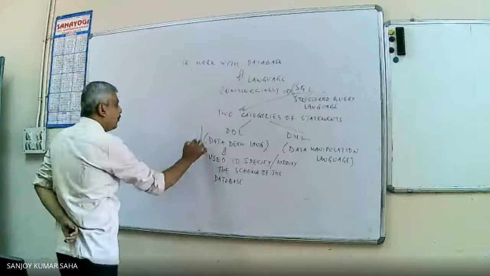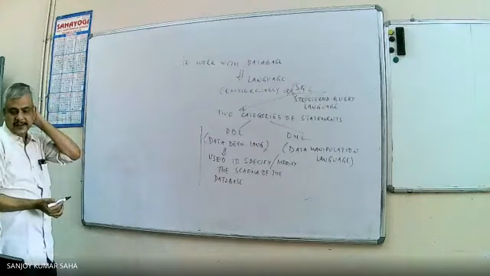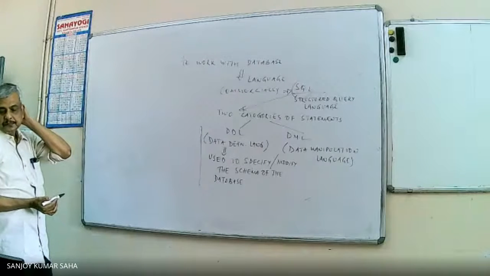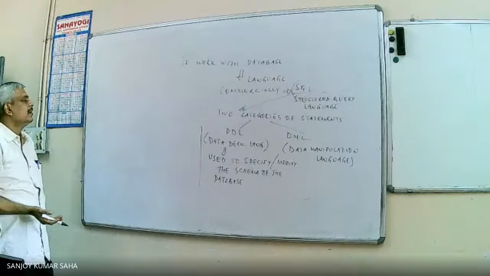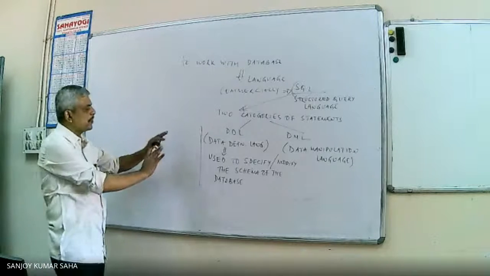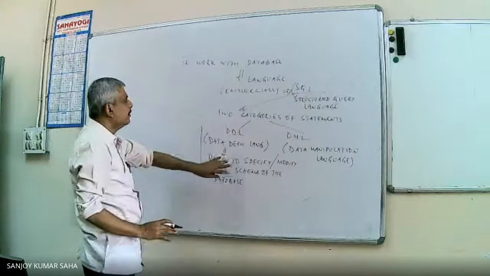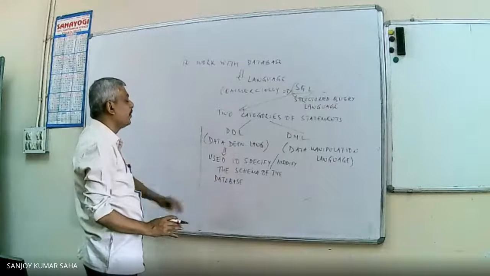Now, whenever we are working with the DDL kind of statement, we'll be requiring a functional unit. We'll talk about the functional unit later. So this is to specify or modify the schema of the database.